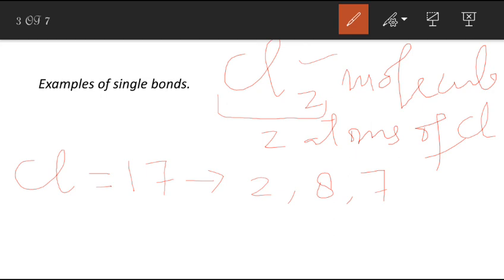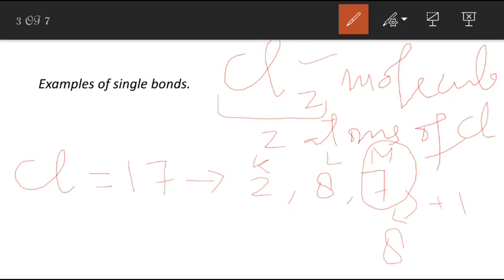So atomic number of chlorine is 17. Its K shell contains 2 electrons, L shell contains 8 and M shell contains how many electrons? 7 electrons. So it is the valence shell. Valence shell means outermost shell. How many electrons must the M shell possess? 8 electrons. So it needs 1 electron.